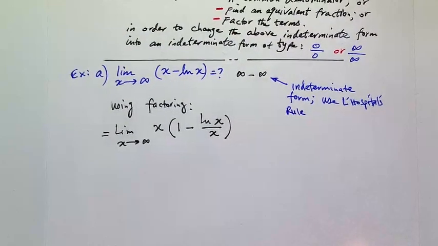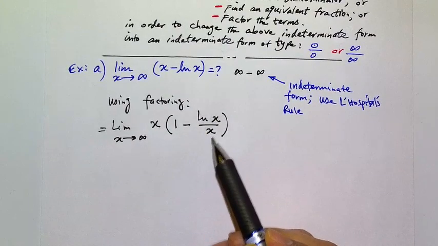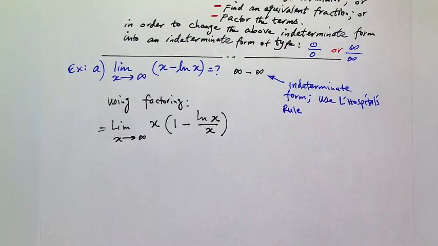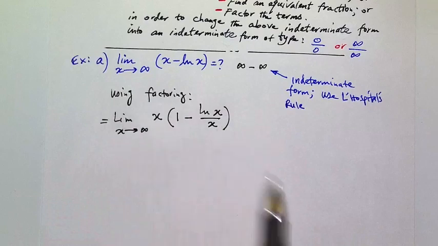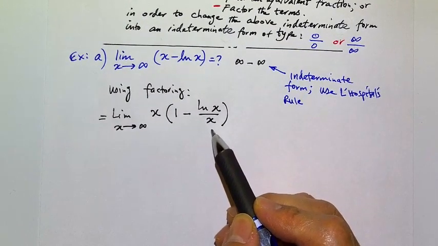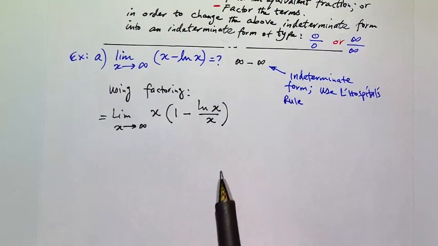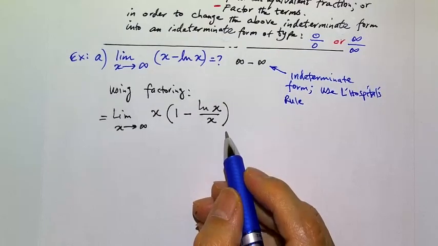But if you take the limit of this piece, natural log of infinity over infinity, you end up with infinity over infinity, which is an indeterminate part of this original expression. So this is the piece we want to apply L'Hopital's rule to, not that piece. Okay, so let me make that clear.